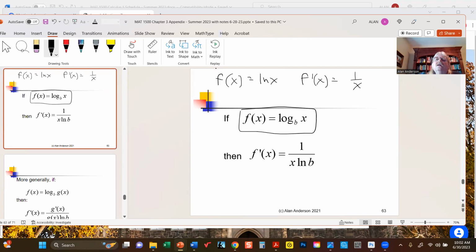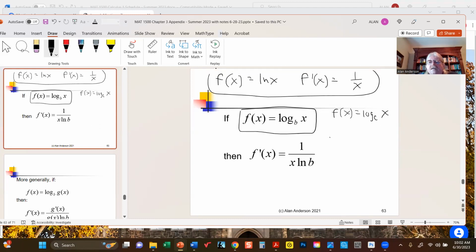Now, even here, we're actually using this rule, because natural log is log base e, which implies that f prime of x is 1 over x natural log of e, but that's just 1.